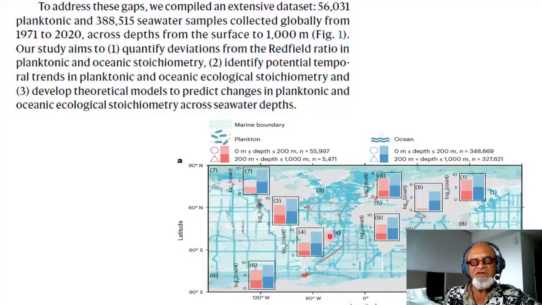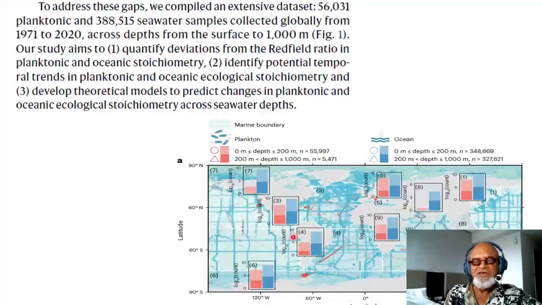So the first figure is showing all the observational ship tracks and some buoys, and ships stop and put sampling instruments and so on. So they measure plankton down to about 200 meters and below 200 meters down to 1 kilometer, and also in the ocean, similarly from 0 to 200 meters and below.